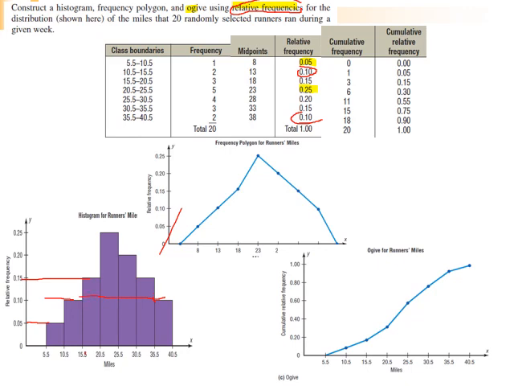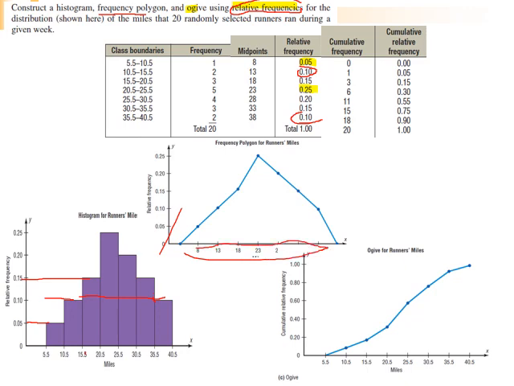Now we will move to the second requirement, drawing the frequency polygon. Repeating again, the frequency polygon depends on the midpoints, so we should calculate the midpoint for each class and put the values for the midpoints on the horizontal axis like this.